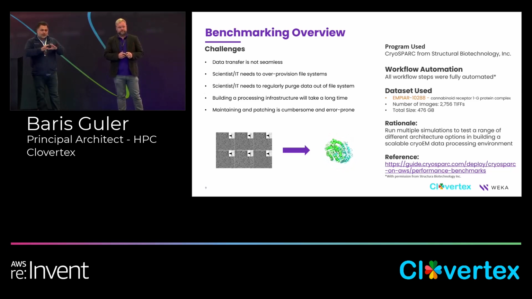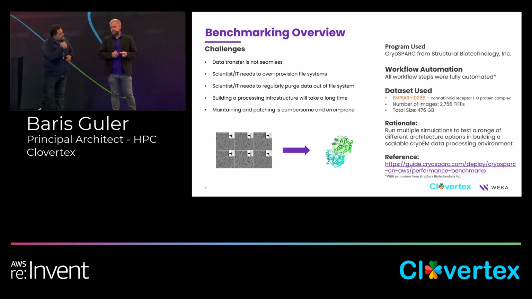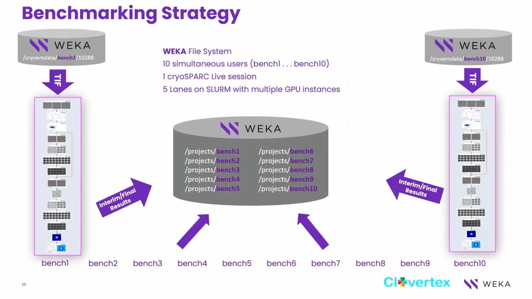And our goal was, you can find single benchmarks out there in the cloud, but there wasn't any large scale, tens of users running jobs at the same time. So if we go to the next slide, please. We wanted to make it representative of 5 to 10 users running jobs at the same time, and make sure that the file system we put together is able to cope with this and not hinder the performance of any team members, right?